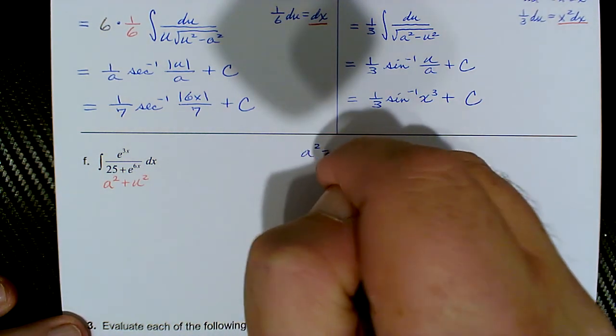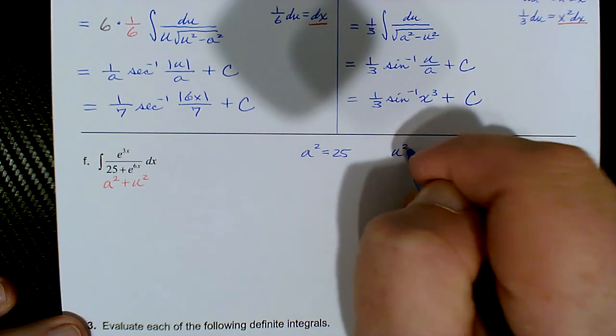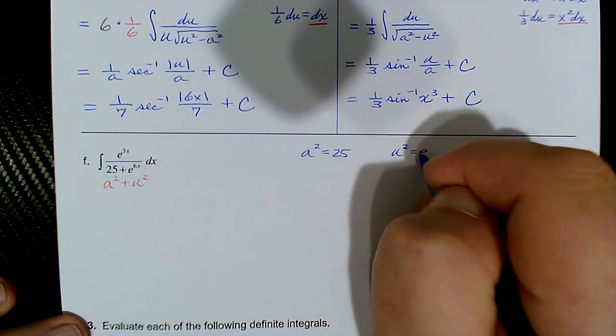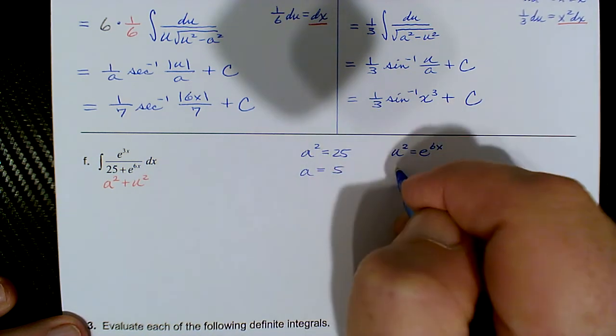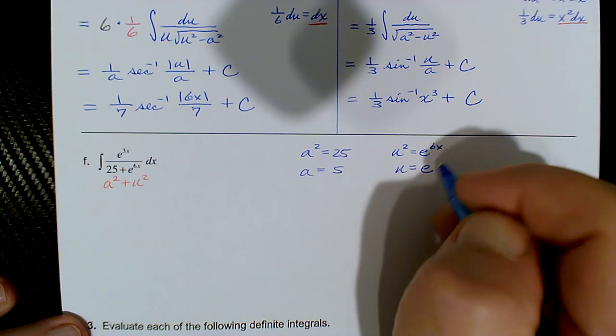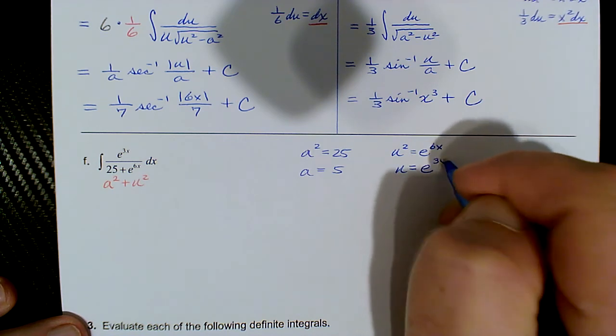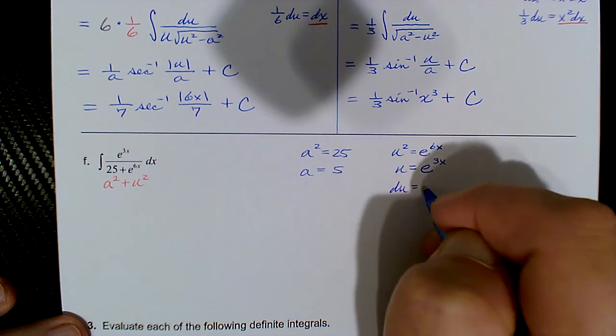And off to the side, start the process. A squared is 25. U squared is e to the 6x. That means a is 5. And u would be, again, the easiest way, just take half of what the exponent is, so e to the 3x. Du needs to be satisfied.